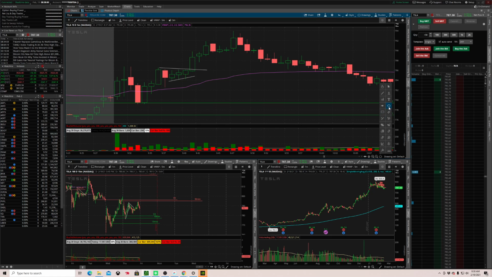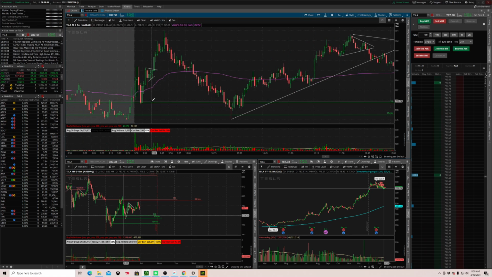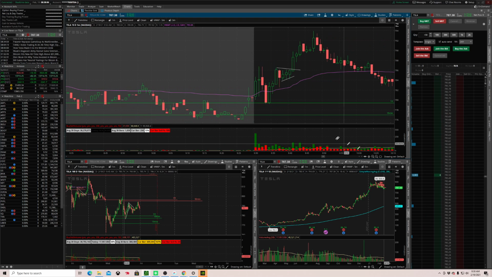Of course, in hindsight, this looks easy, but it's not hard at all. Why is my drawing tool not working? Oh, of course it's not working because I'm dragging over. I've been using a different platform, and in that platform, you drag.